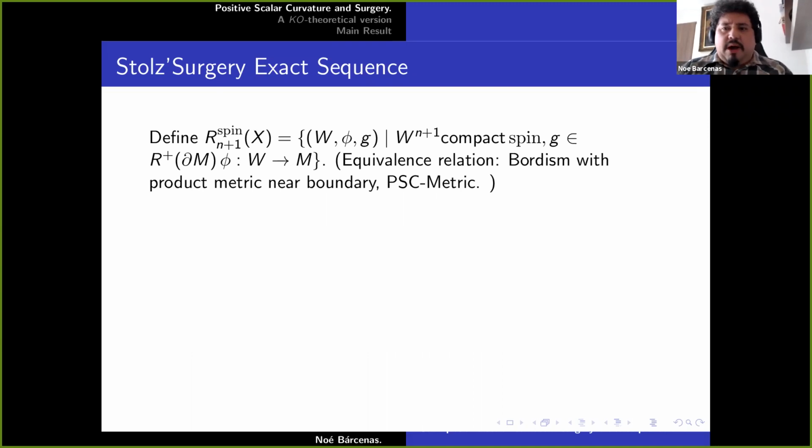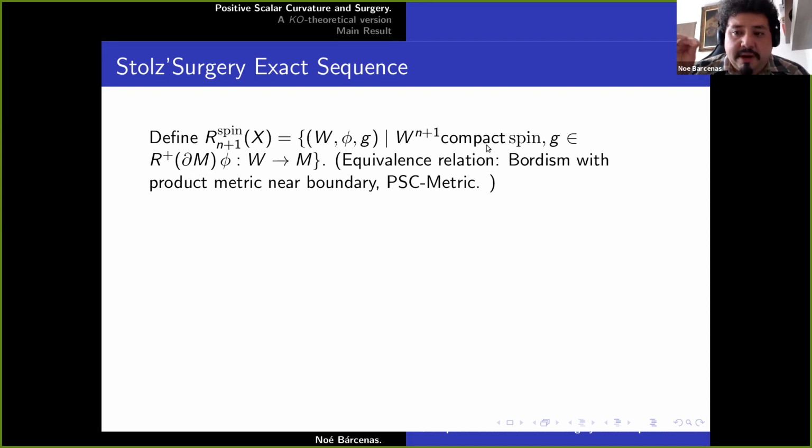So now I'm almost all the way through the definition of the Stolz surgery exact sequence, and now I will define these R groups. Now the dimension is going one higher, and it consists of triples where I have a compact manifold with boundary now.